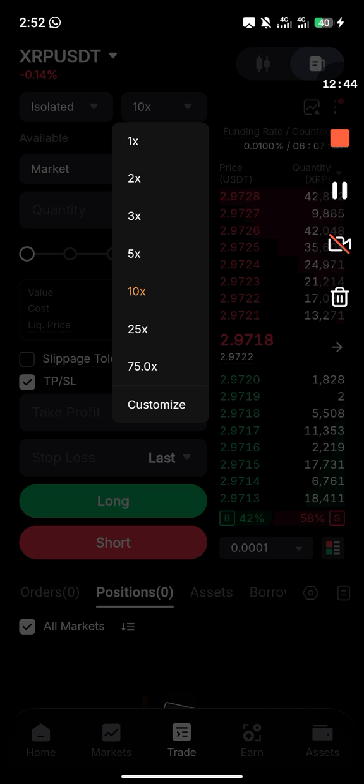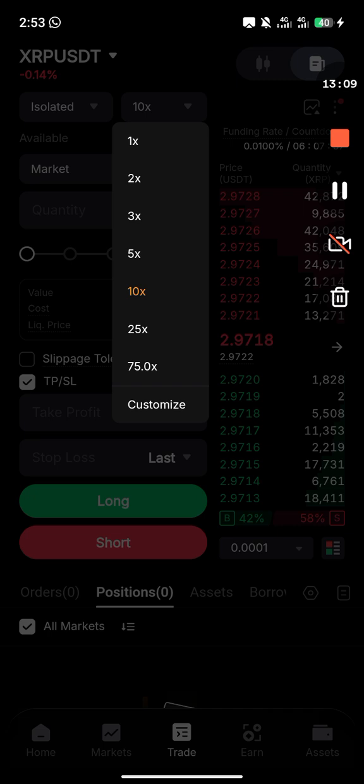If SRP goes up 20% and I'm using 10x, I'll make 10 times 20, or 5 times 20, of what I'm using to buy SRP at that time. So if it goes up 10% and I use 10x, I'll make 10 times 10. That's 100% of what I'm using to buy SRP. That's the meaning of leverage.